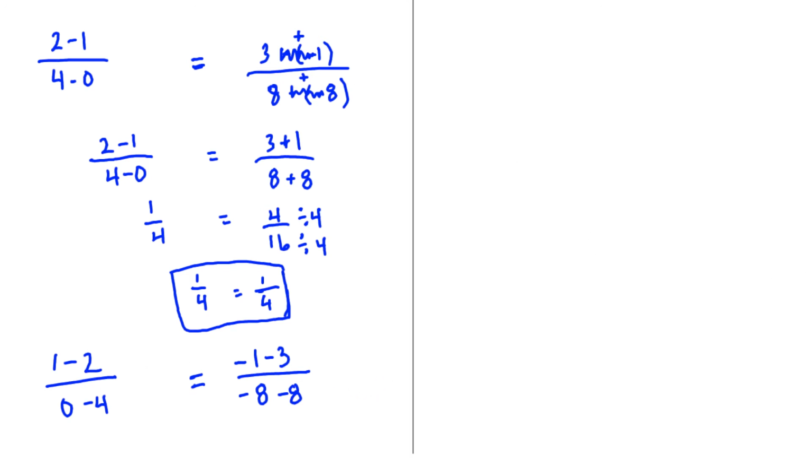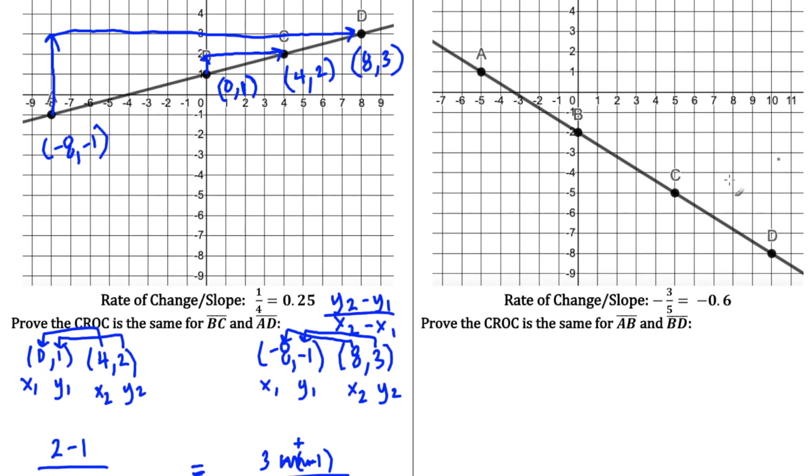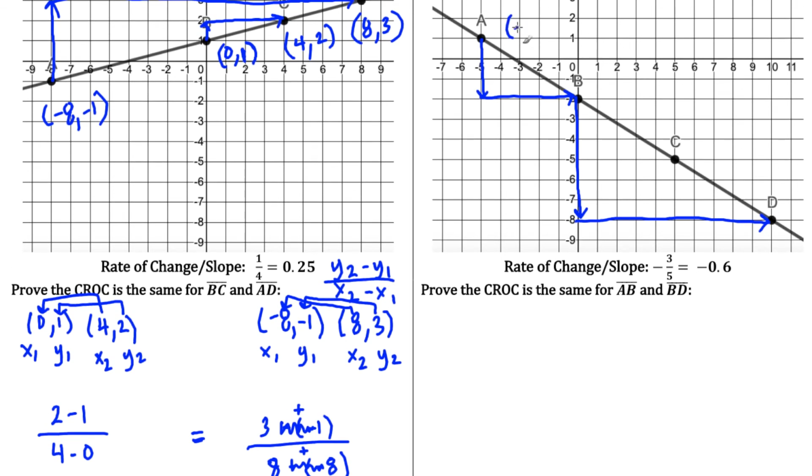So let's look at the next one. We want to show that the slope from A to B is the same as the slope from B to D. I should probably find the location of these points. This is negative 5, 1. This is 0, negative 2.